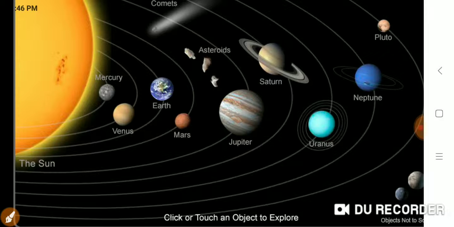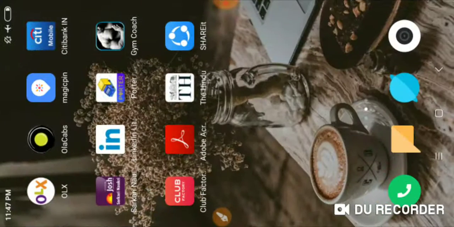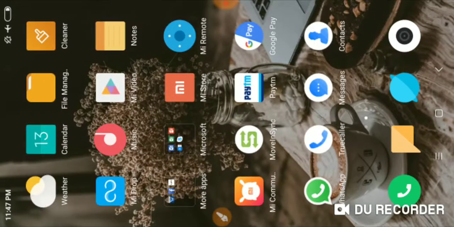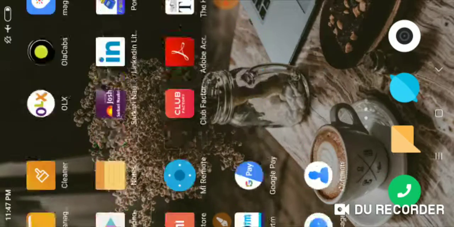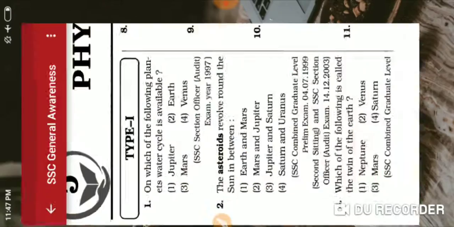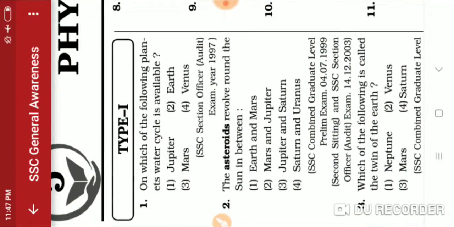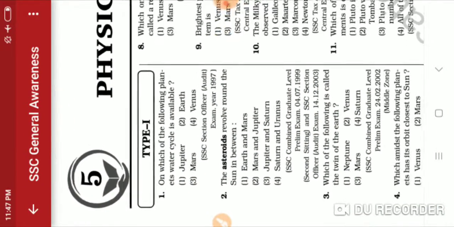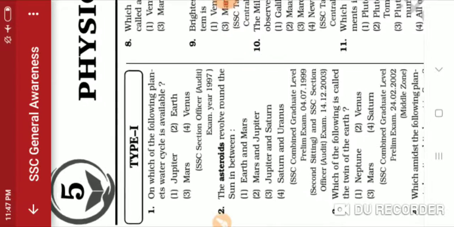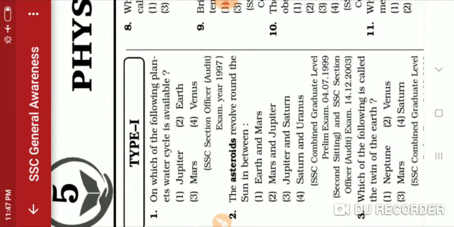So now we will go towards the questions and answers. We are doing questions and answers from this physical geography for SSC. These are last year's questions, so we will do around 150 questions on these topics.